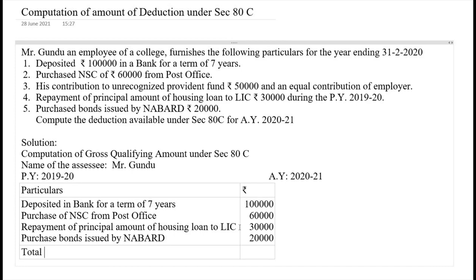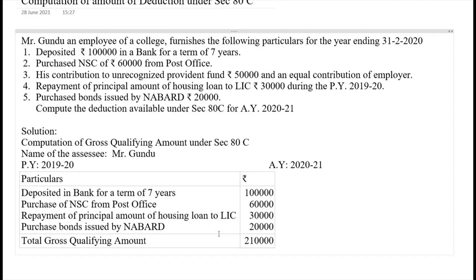So total gross qualifying amount, in short we can take it as GQA. So here 1,60,000, 1,90,000, 2,10,000. So 2,10,000.